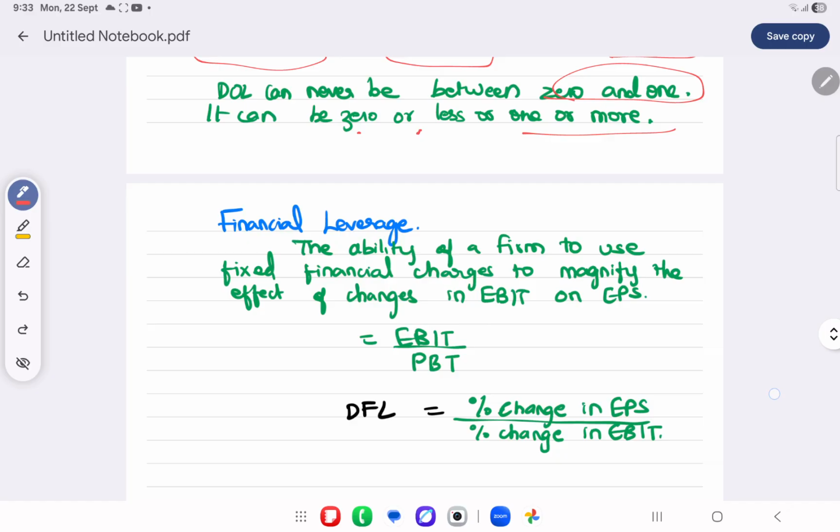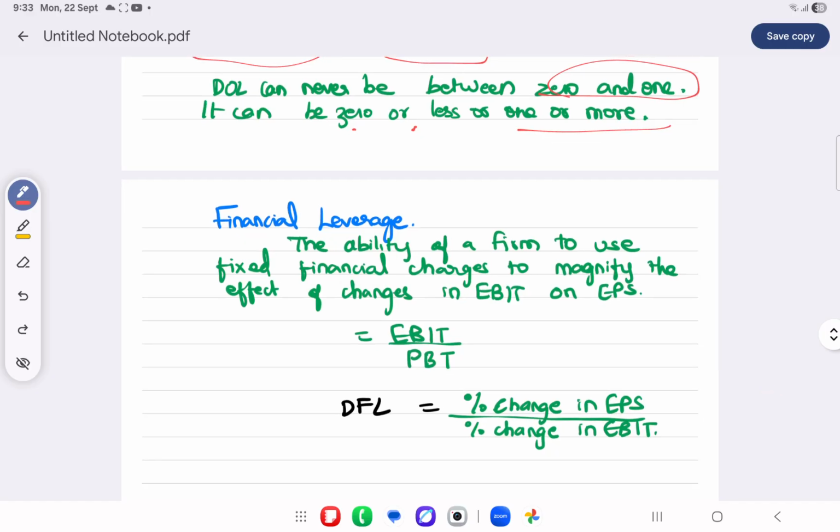Next is financial leverage. What is financial leverage? Okay, we had EBIT as 40 and 90 in our example. Suppose we have an interest of say 10 rupees.